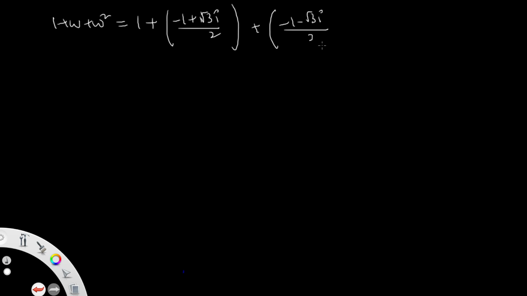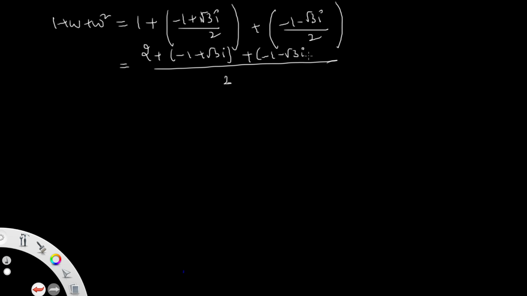For the sum, let us take LCM as 2, then 2 plus minus 1 plus root 3i in the first term, similarly minus 1 minus root 3i for the second. Then you get total 2 minus 1 minus 1, that is 0, plus root 3i minus root 3i cancel. Then you get 0. Therefore 1 plus omega plus omega square becomes 0.